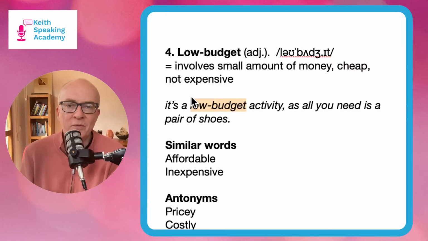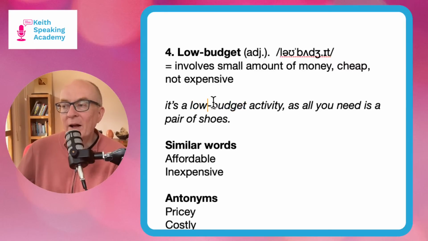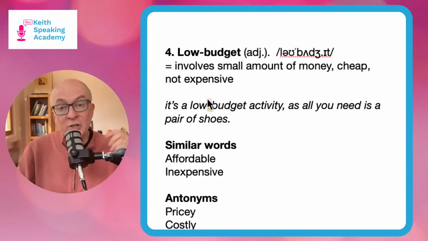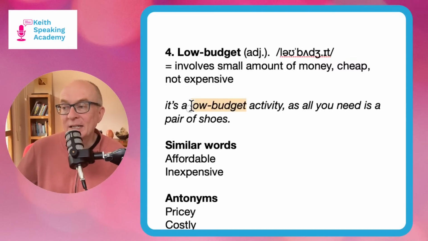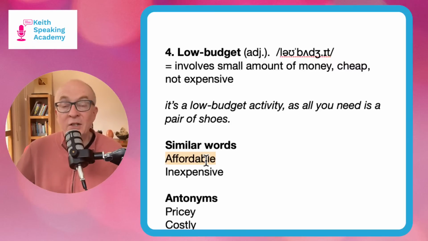Basically cheap, right? Talking about hyphens, because it's two words, low budget. As an adjective, it'll always have a hyphen, right? Because it's an adjective. Low-budget activity, because it's an adjective. Similar words: affordable, right? It's an affordable activity, or inexpensive.